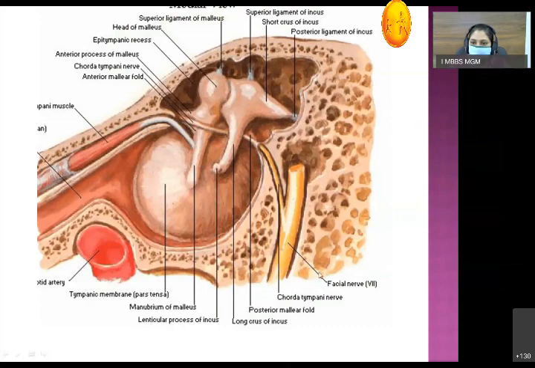This is the mastoid process, which is not seen here. This is the facial nerve at the stylomastoid foramen. These are the structures we can see. This is the tympanic membrane, and there are two canals present here.